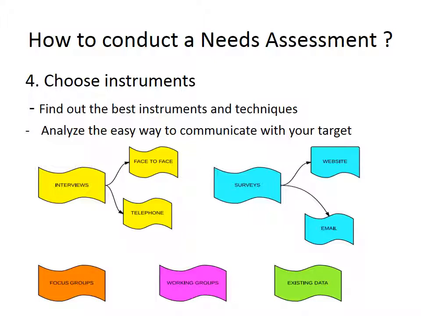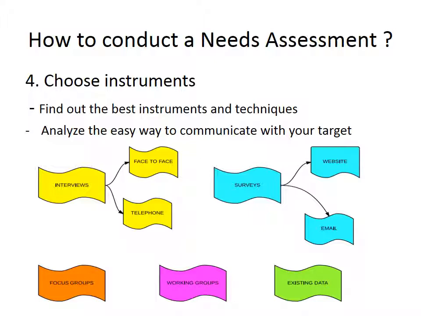Another instrument is surveys. You need to think, is it a good instrument for your target group and you? You could also choose to work with groups instead of a single member of the target. Could it be more effective?